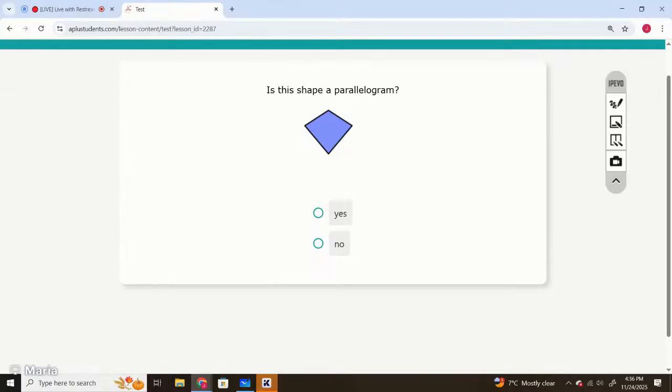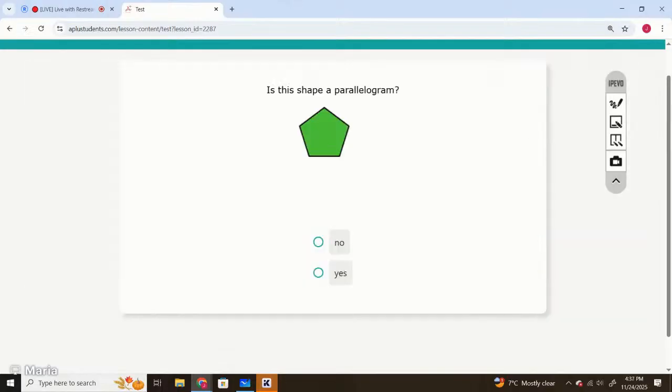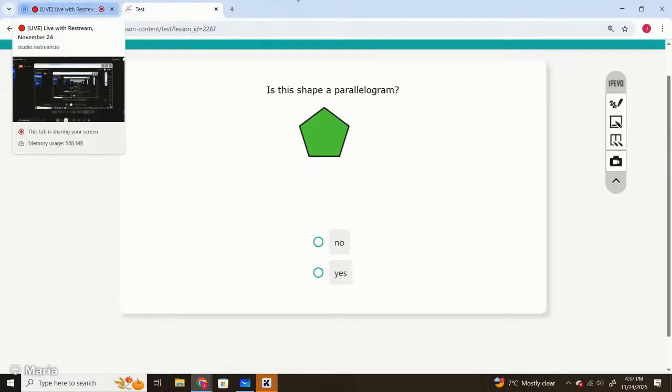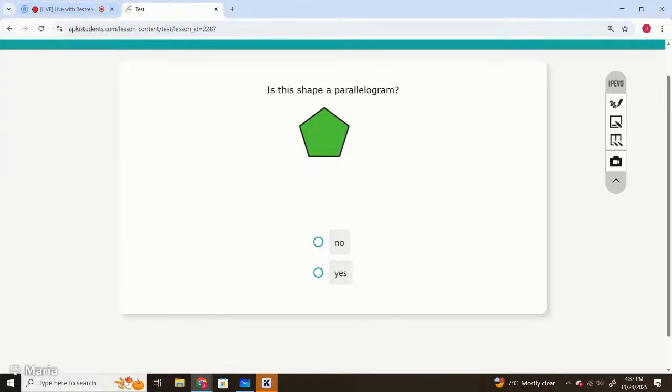Is this shape a parallelogram? No, that is not a parallelogram. Is this shape a parallelogram?